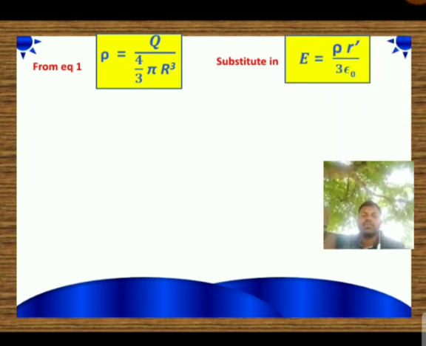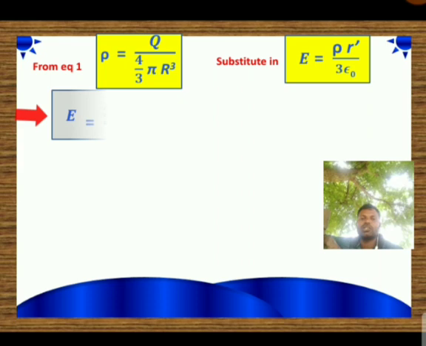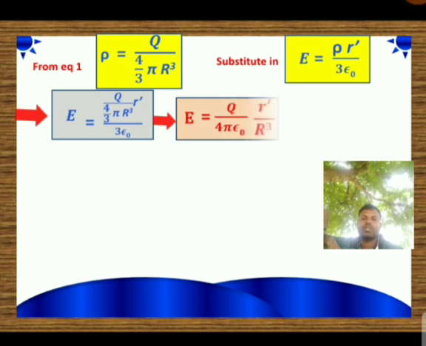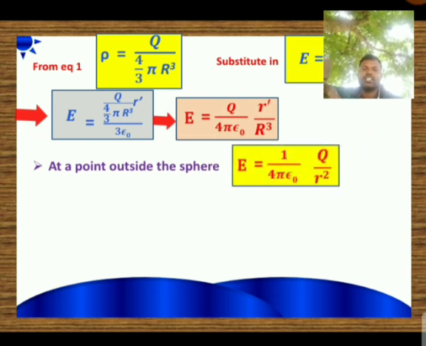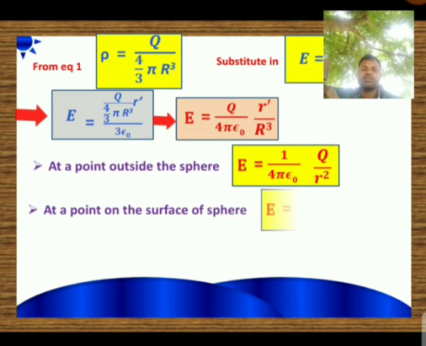But rho is equal to Q by 4 by 3 pi R cube. Substitute here, then I'll get E is equal to Q by 4 pi epsilon naught R prime by R cube, right? So now what I did: outside the sphere, on the surface of the sphere, and inside the sphere.